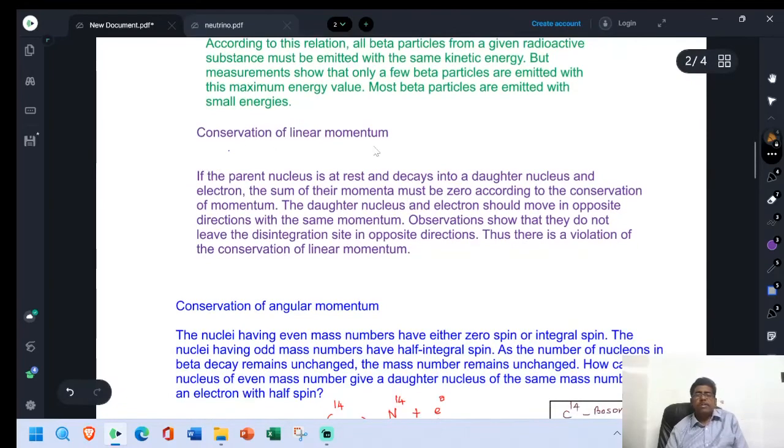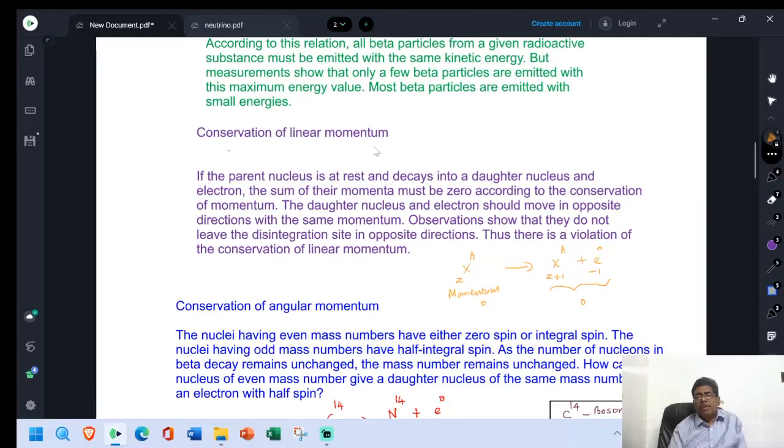Next we may go to the conservation of linear momentum. If the parent nucleus is at rest and decays into a daughter nucleus and an electron, the sum of their momenta must be 0 according to the conservation of momentum. See, this is the target which is at rest, so the momentum of the target is 0. It gives a daughter and an electron. If you sum up the momenta of the daughter and the electron, that should be 0.